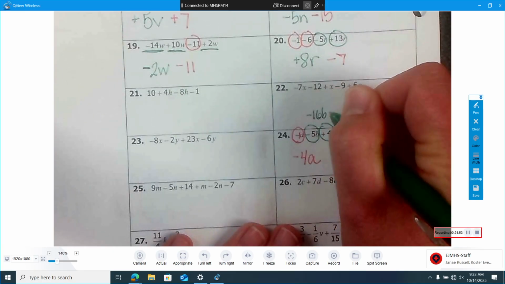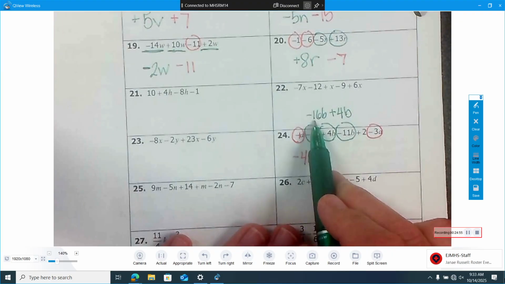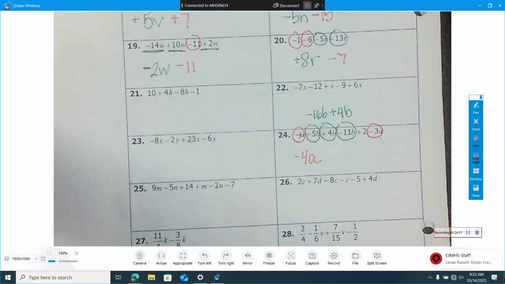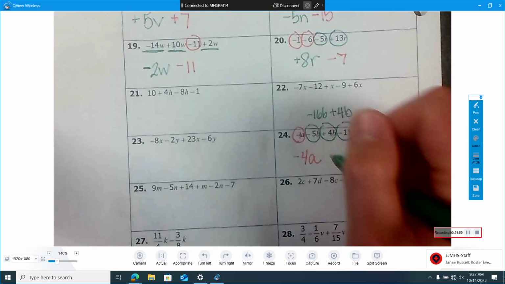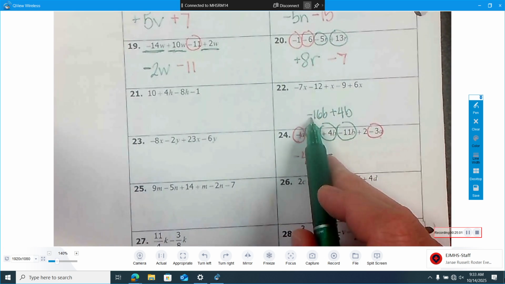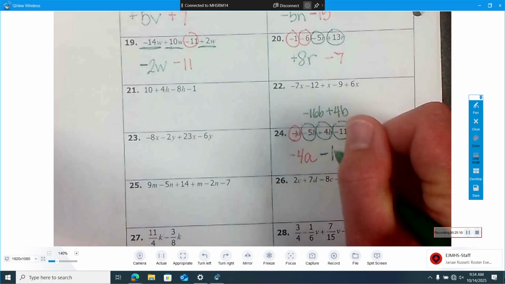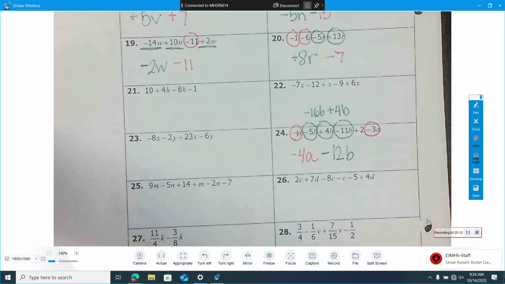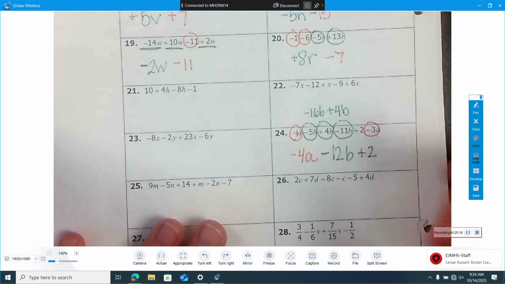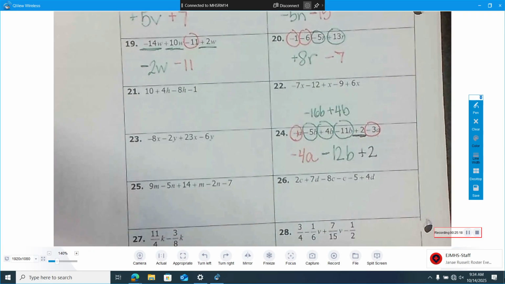Negative 16B and a positive 4B. All right, who's going to win? The negatives. We got a whole lot more negatives here. We got 16 of those negative B's. All right, and then how many are they going to win by? 12. Negative 12B. Very good. And what's our very last thing? Plus 2. Just that plus 2. Didn't have anything to combine it with.